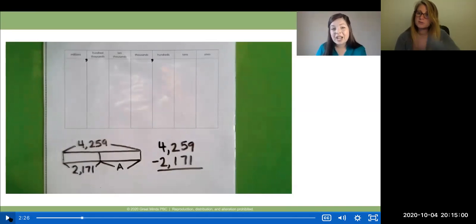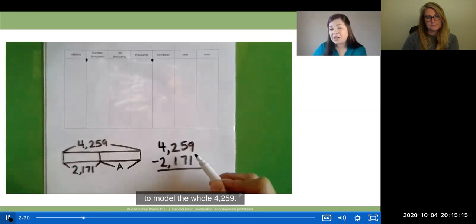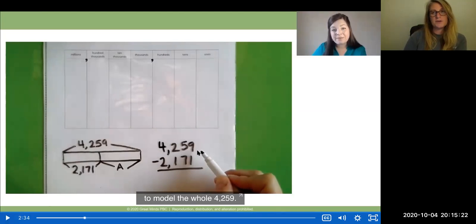Do you think we should draw both numbers or just one of the numbers when we are subtracting? Hopefully you said that we only need to draw discs to model the whole, 4,259. So she refers to the number 4,259 as the whole.